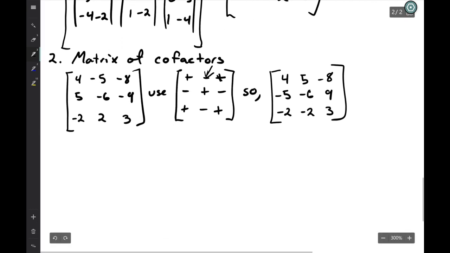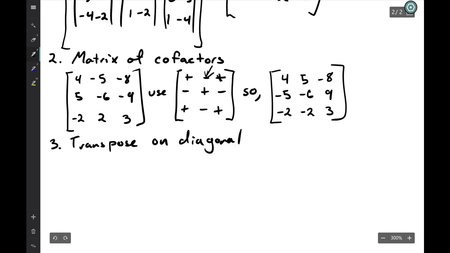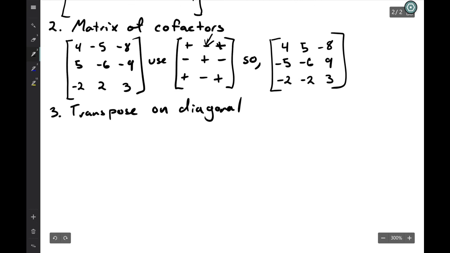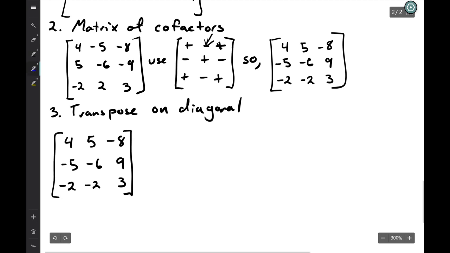Then after doing that, you just have to transpose on the diagonal. Okay, so all that means is that given your matrix, so I got 4, 5, -8, -5, -6, 9, -2, -2, 3. So all that means is on your diagonal here, you're going to transpose across.